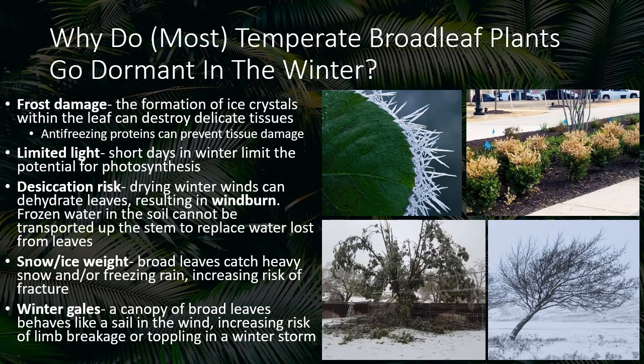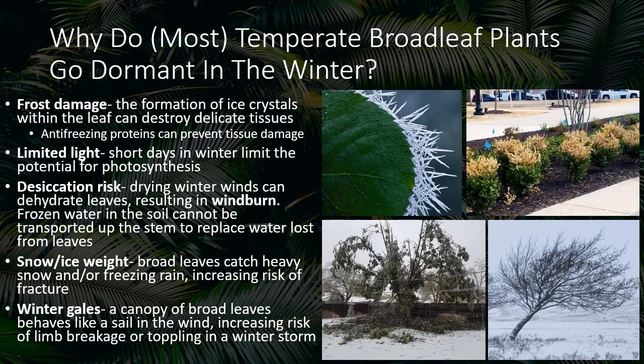Another serious risk for a broadleaf plant during the winter is desiccation. If you live in a really cold climate, the soil is typically frozen solid, and if water is solid, it cannot be absorbed by the roots. That solid water cannot be transported up the stem to replace water lost from the leaves during transpiration.